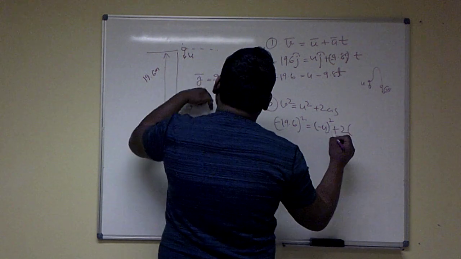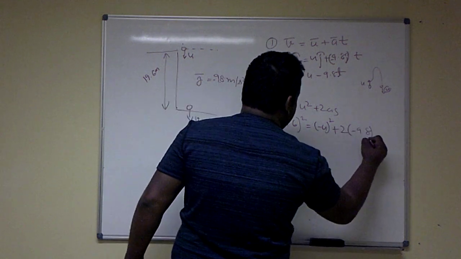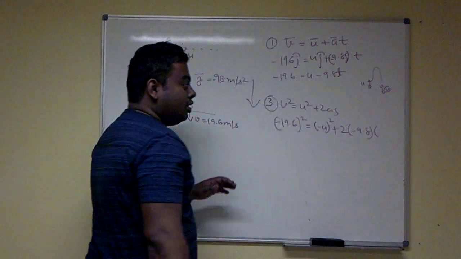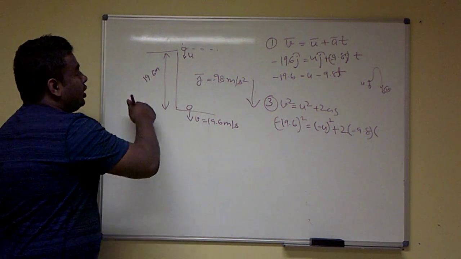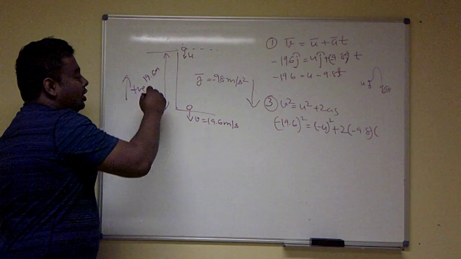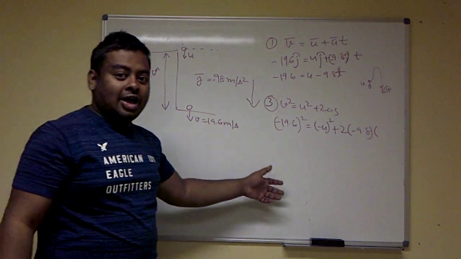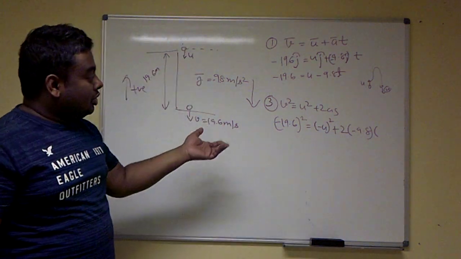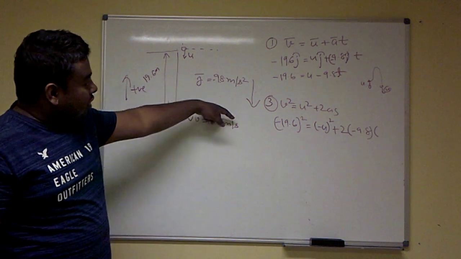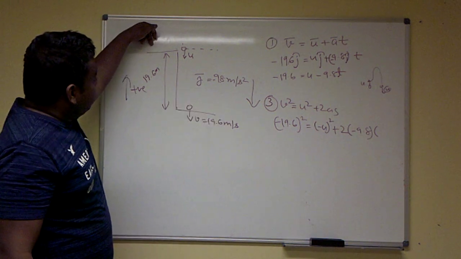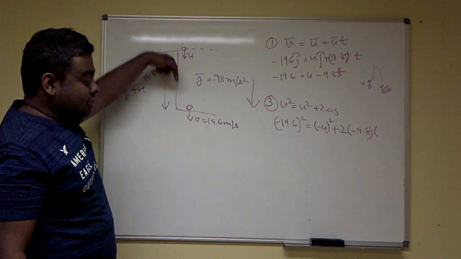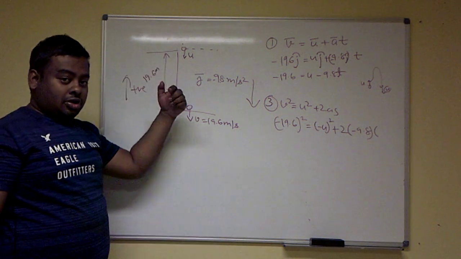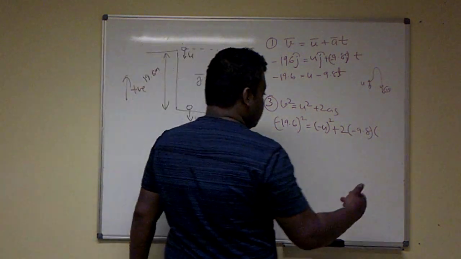We'll write g as minus 9.8. This is a scalar equation, so we assume the positive direction is up, and then throw in the signs as we go. This is negative 9.8, and then this displacement is also going to be covered from initial to final position in the negative j direction, or negative y direction.